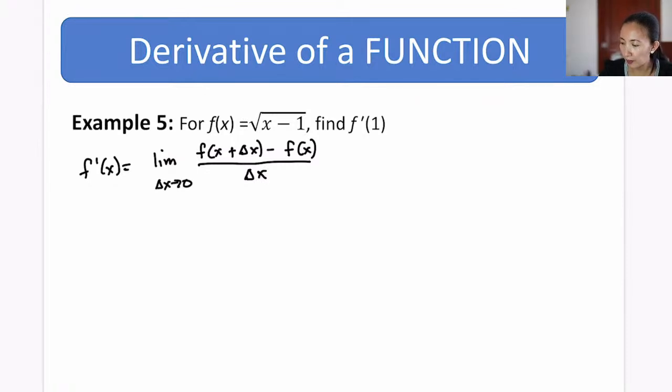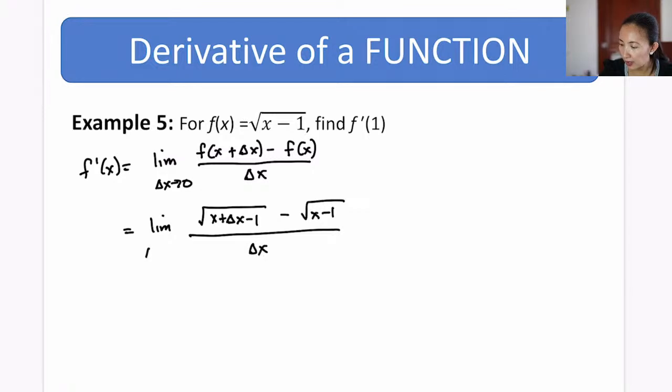Okay, so f prime of x is equal to limit of what happens? The square root of x plus delta x minus 1 minus the square root of x minus 1 all over delta x as delta x approaches 0.